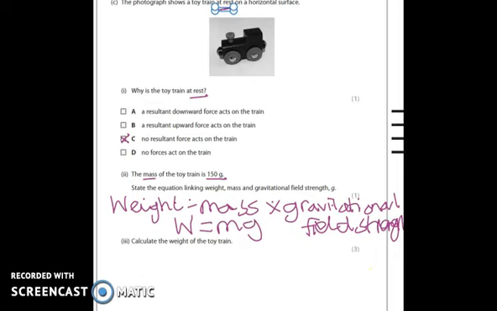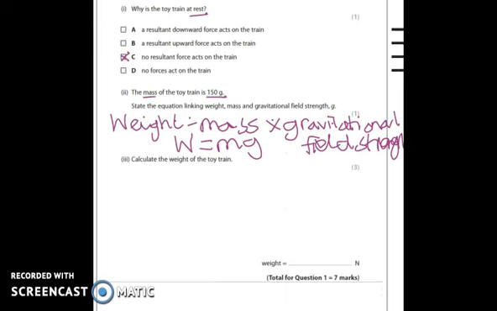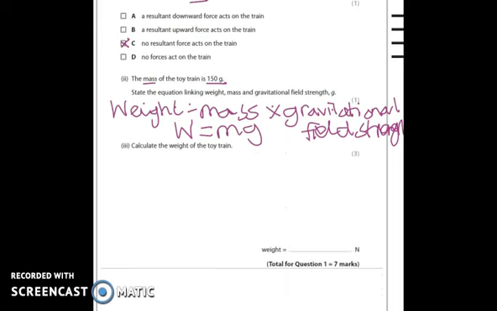So you're just using that equation that you've just written down. To find the weight of the toy train, you must use the equation W equals mg. Now, we are given a mass of 150 grams.